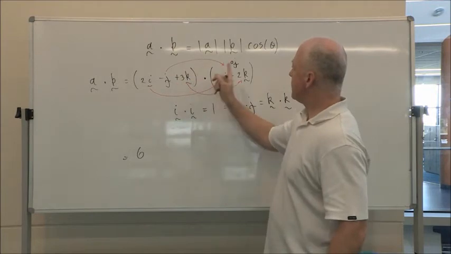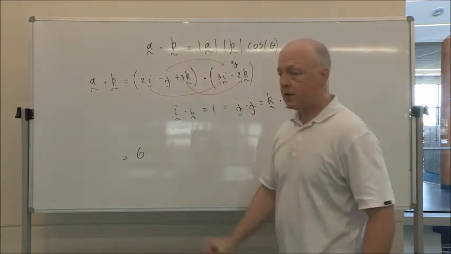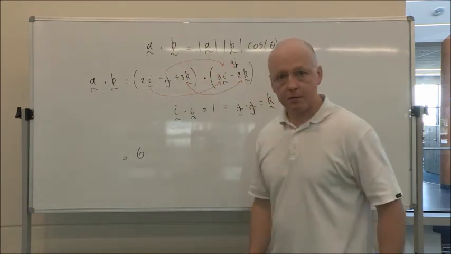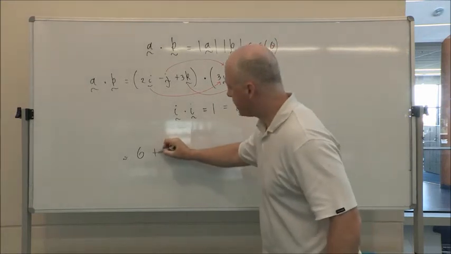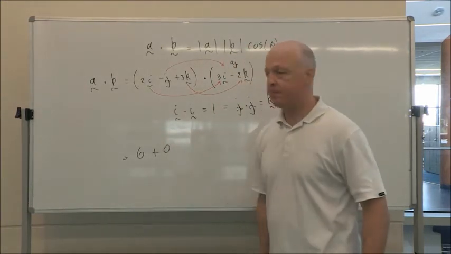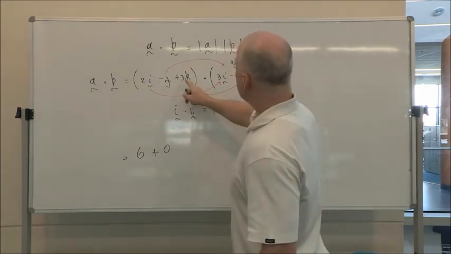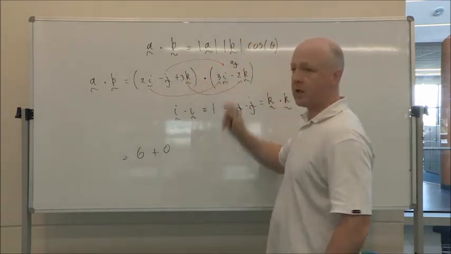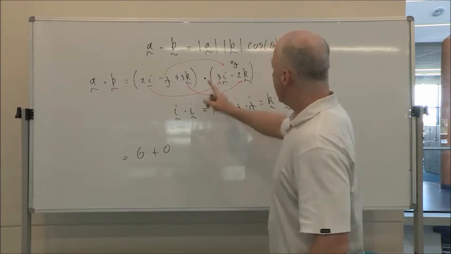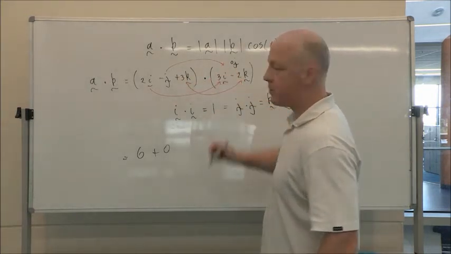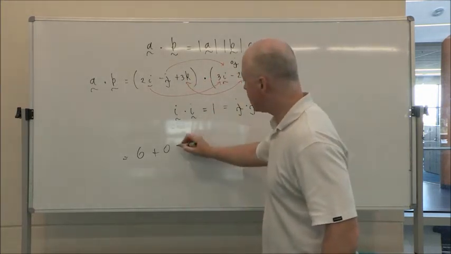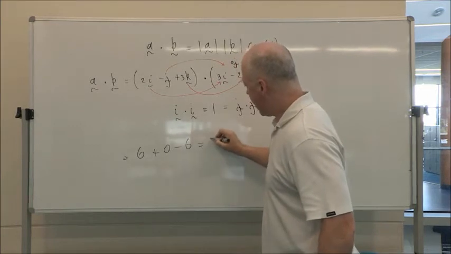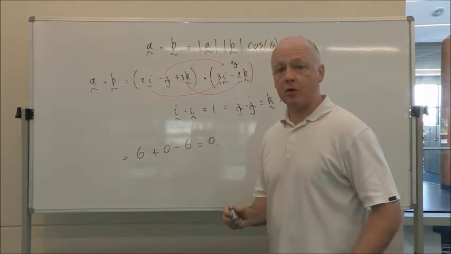Even though j dotted with j is 1, that gets multiplied by 0, so there's no contribution; that's 0. Finally, 3k dotted with minus 2k: we know k dotted with k gives 1, and 3 times minus 2 gives me minus 6. The result is 0.